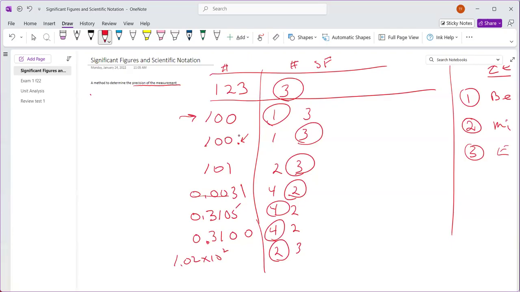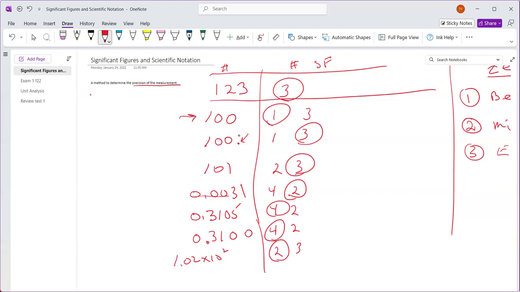Okay, zeros in the middle always count. 3 sig figs. Zeros in the beginning never count. That's why there's only 2. Here, we have zeros in the beginning and zeros in the middle. So the ones in the beginning don't count. The ones in the middle do count. So there's 4 sig figs there.